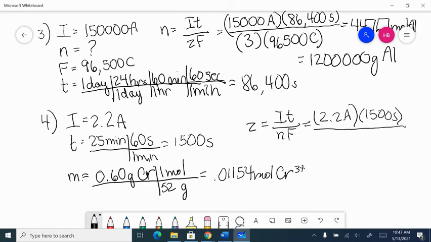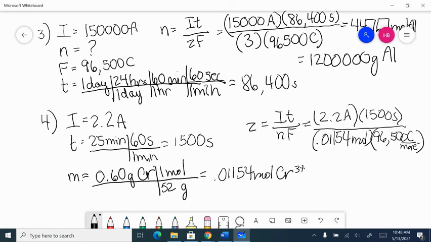N is the number of moles, which is 0.01154 moles of chromium, times Faraday's constant, 96500, and that is coulombs per mole of electrons.